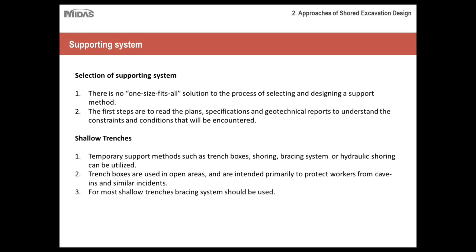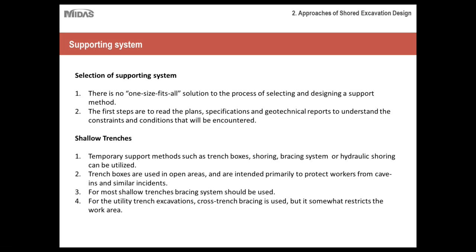But if you don't have to get the workers in the trench, then most of the time shallow trench bracing systems are used. And for utility trench excavations, cross trench bracing is used. But cross trench bracing, as we all know, somewhat restricts the work area.